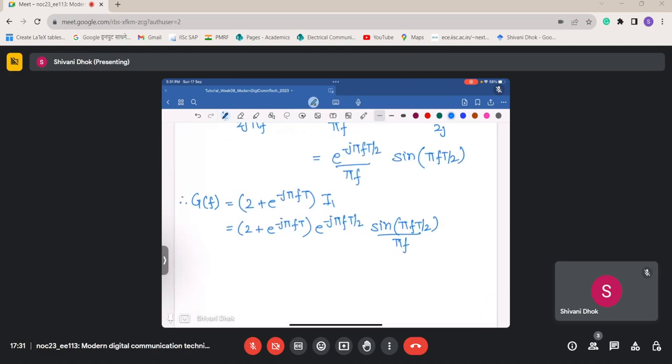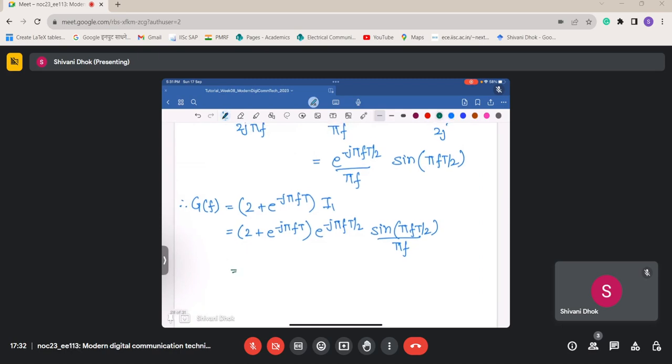Now, just for the sake of completeness, this is the equation that we were looking at. But what we'll do is, we'll write this as 2 plus cos pi f T minus j times sine pi f T, into e power minus j pi f T by 2 into sine of pi f T by 2 upon pi f.